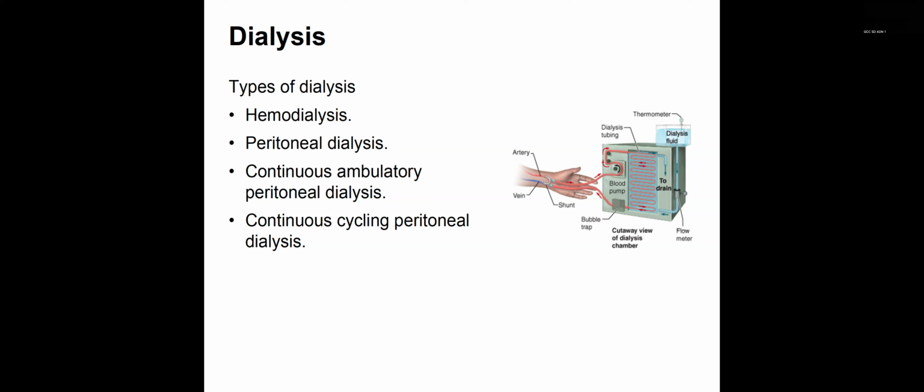Peritoneal dialysis uses a dialysate that is infused into and drained from the peritoneal cavity. Continuous ambulatory peritoneal dialysis is performed by patients at home, usually 4 times per day, 7 days per week. Continuous cycling peritoneal dialysis uses a machine to perform peritoneal dialysis while the patient is asleep.